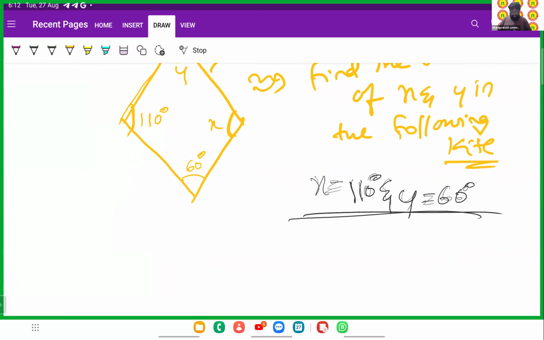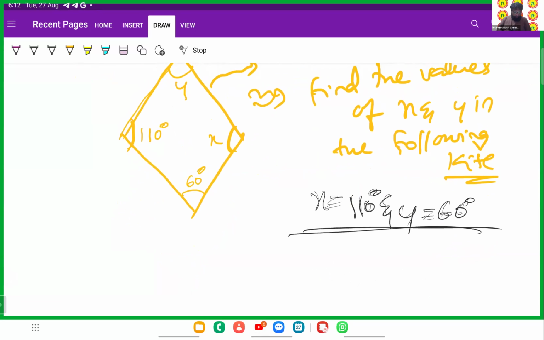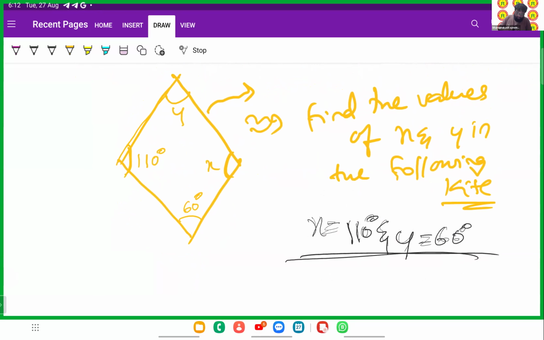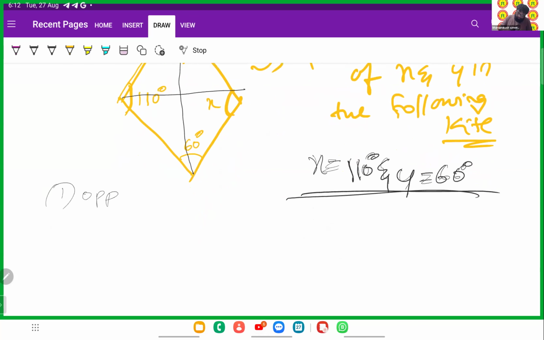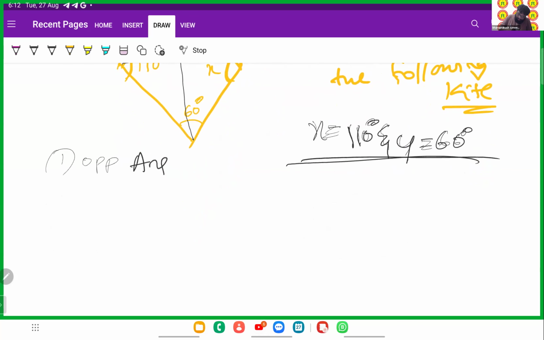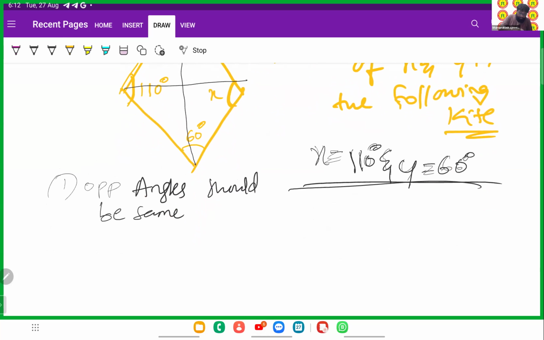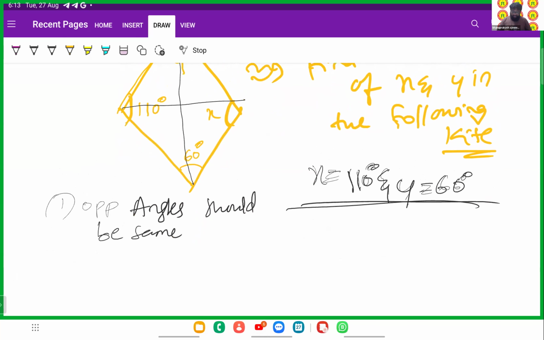So here if you see, what exactly is the specialty of a kite? Opposite angles should be the same. And a kite has two pairs of equal adjacent sides.